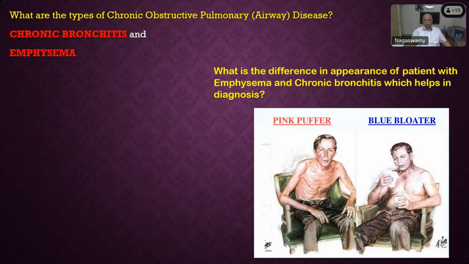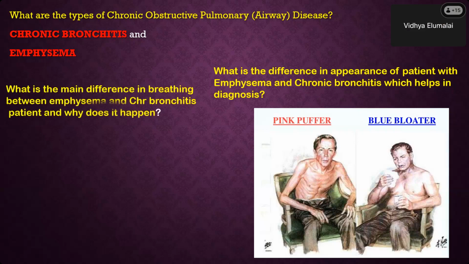Why is that? They don't have desaturation, but they find it more difficult to breathe when they develop emphysema. Whereas chronic bronchitis patients are desaturating and have a constant cyanotic look, but they do not have labored breathing. Why? Because of more air trapping in emphysema.